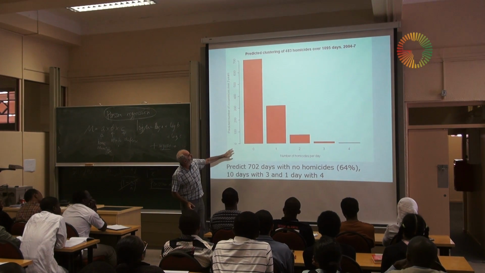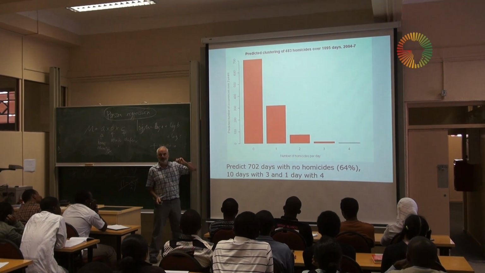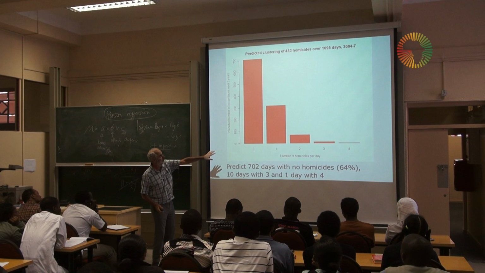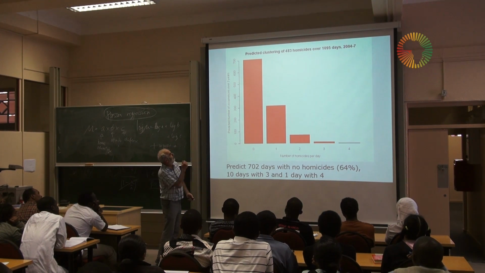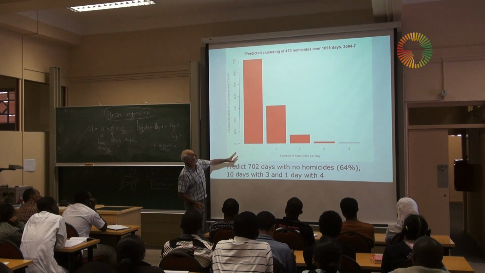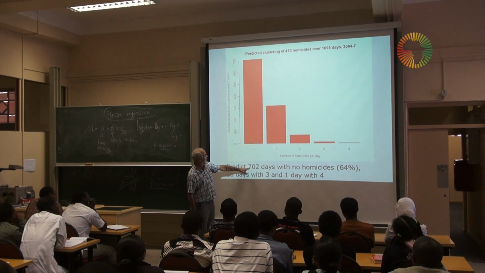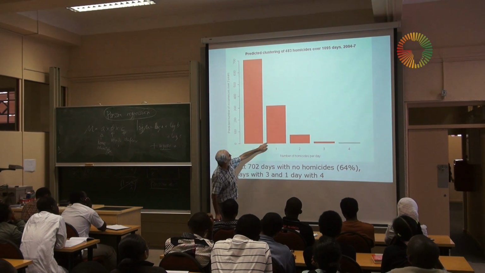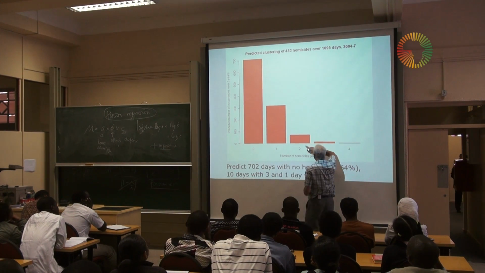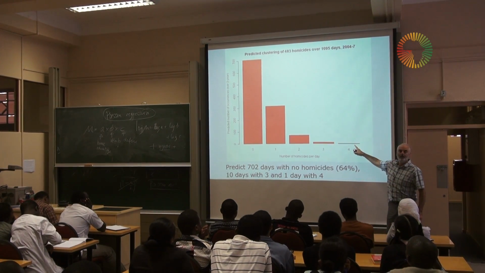Now, that was the actual. If we assume a Poisson distribution, this is a Poisson distribution with mean 0.44. And that says that over 1,095 days, 3 years, we would expect about 702 days with no homicides, about 300 with 1, about 80 with 2, 10 with 3, and 1 day with 4.